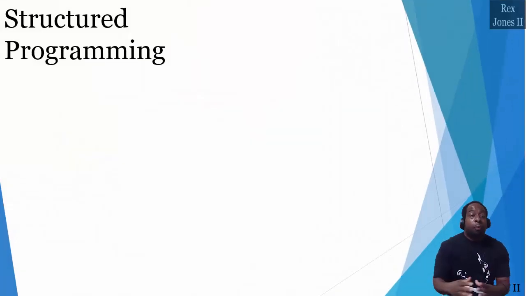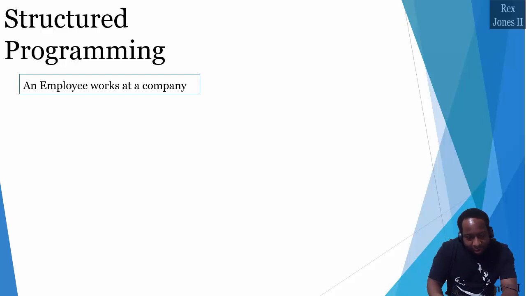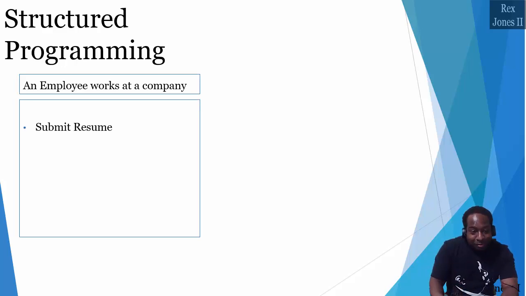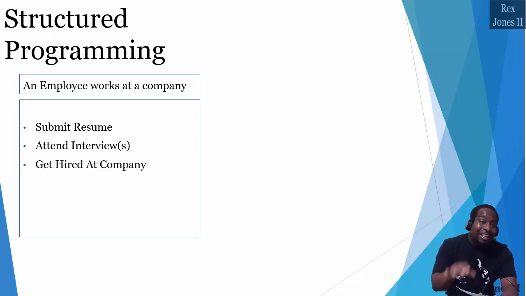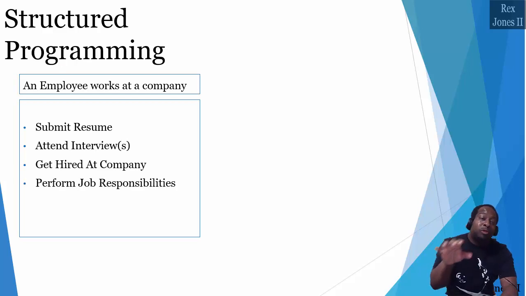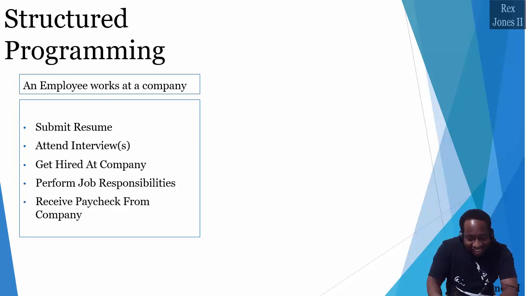When it comes to structured programming, the programmer divides the whole program into smaller units. For example, let's take an employee working at a company. First, they submit the resume, attend the interview or interviews, get hired at the company, perform their job responsibilities, then receive a paycheck.